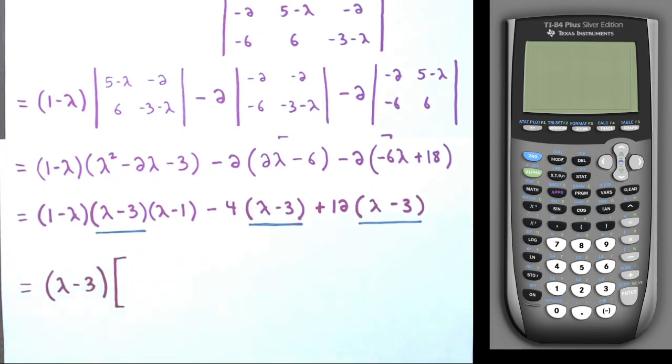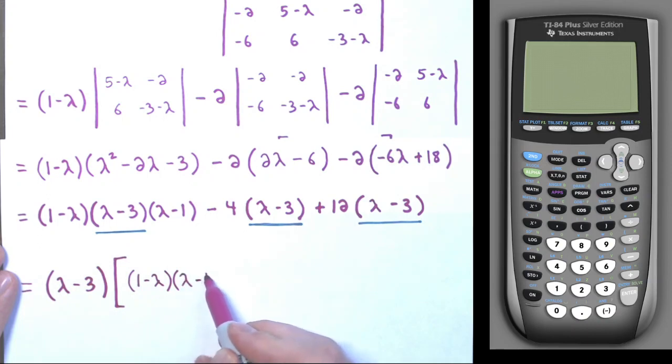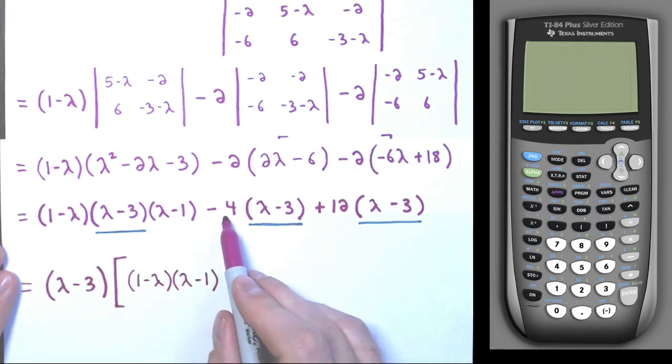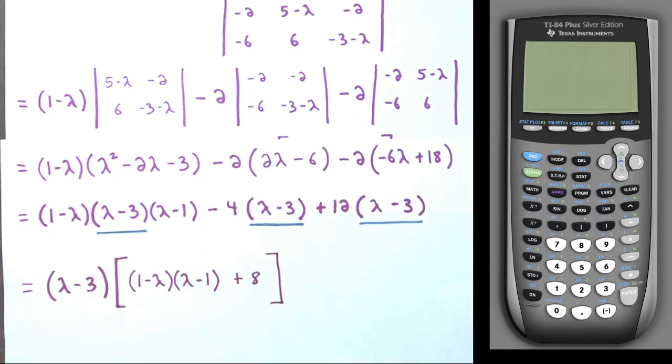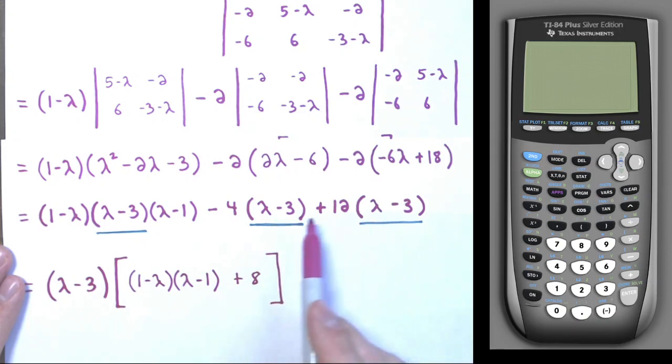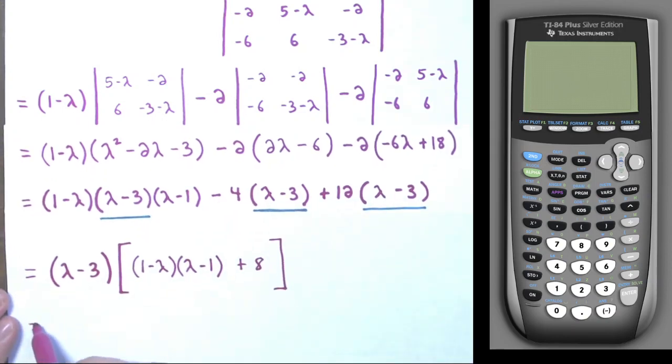And once I do that, what's left over is 1 minus lambda times lambda minus 1. And then minus 4 plus 12, so plus 8. Right? Because again, the lambda minus 3 is gone, so that's plus 8. And then I simplify what's in the brackets here.